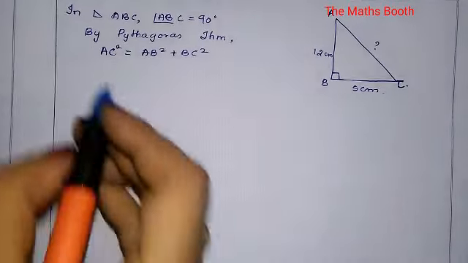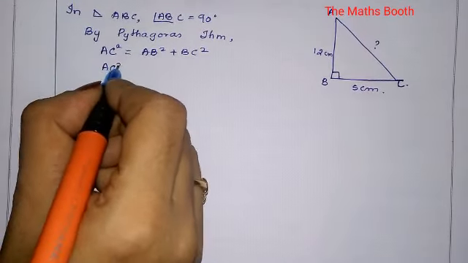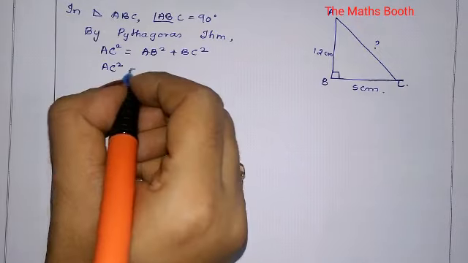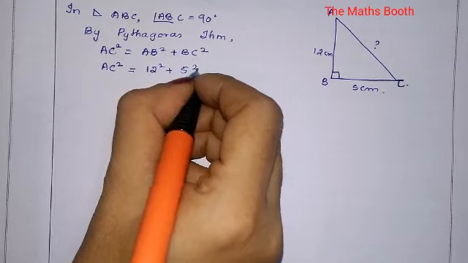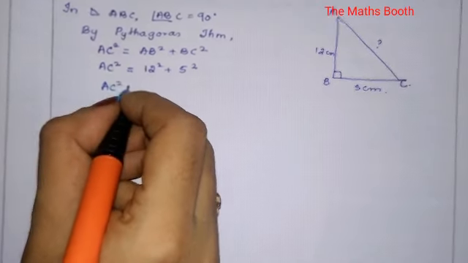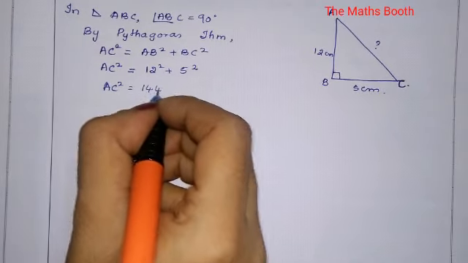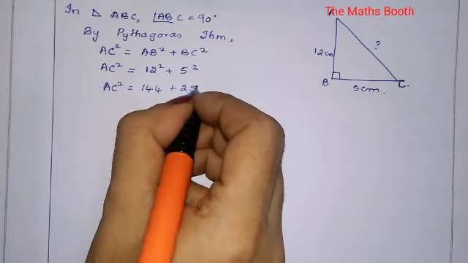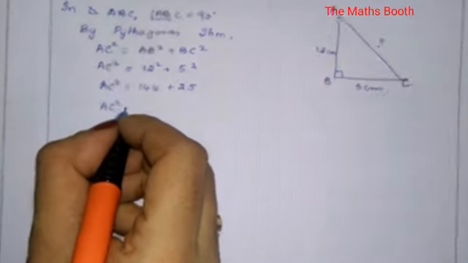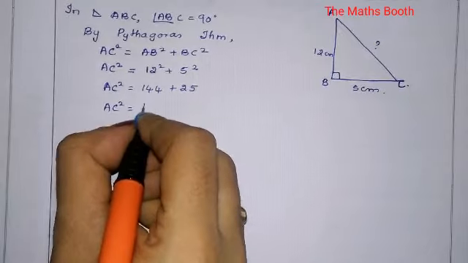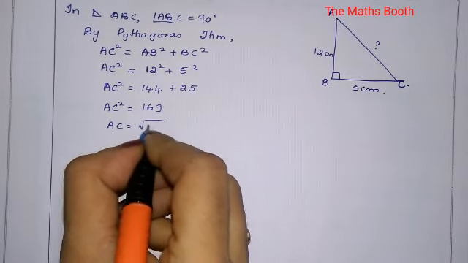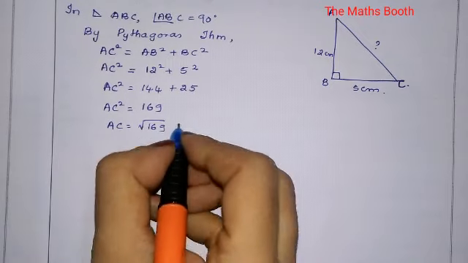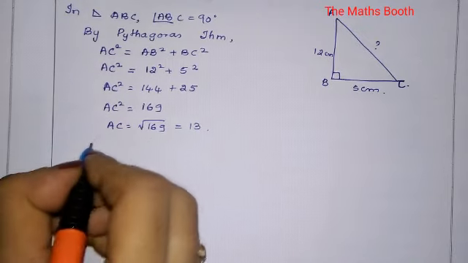AC we don't know, they have told us to find the hypotenuse. AC square is equal to 12 square plus 5 square. AC square is equal to 144 plus 25. AC square is equal to 169. AC is equal to root of 169, that is 13.